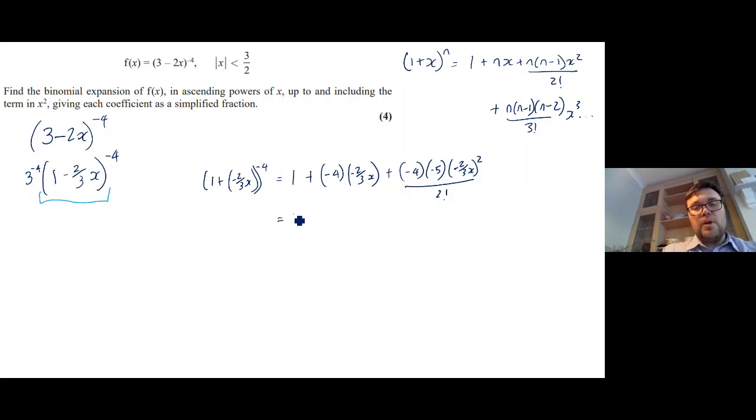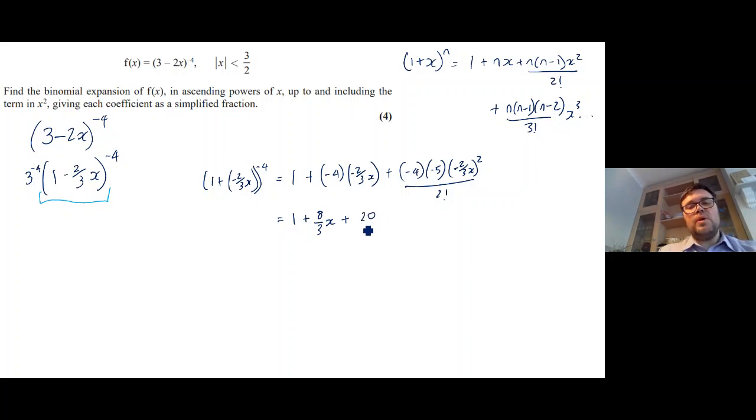Tidying this up, we have 1 minus, and minus times minus still makes it a plus. So we're going to have 8 over 3 x. Again, minus 2/3 when you square it is going to be positive, and then you've got minus 4 times minus 5, which gives you 20.